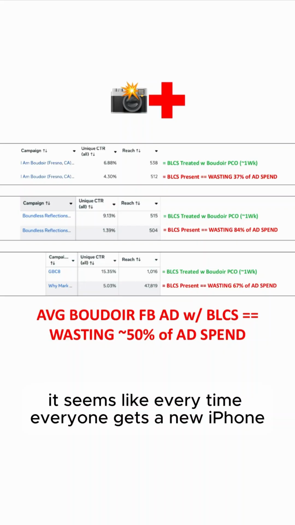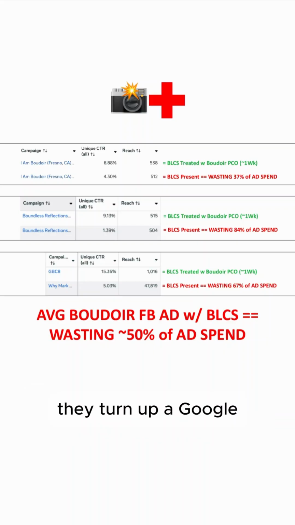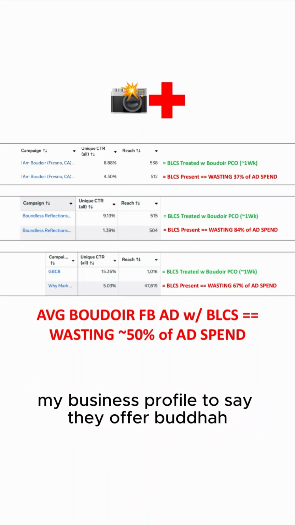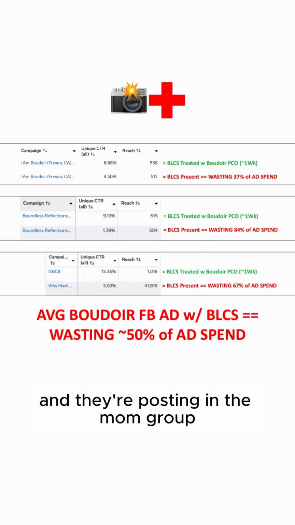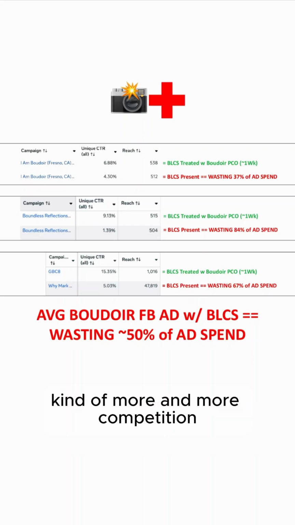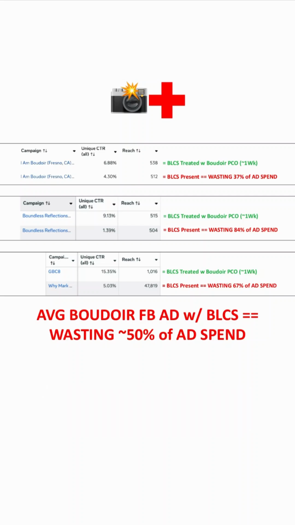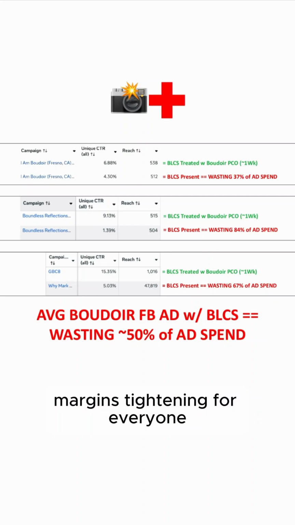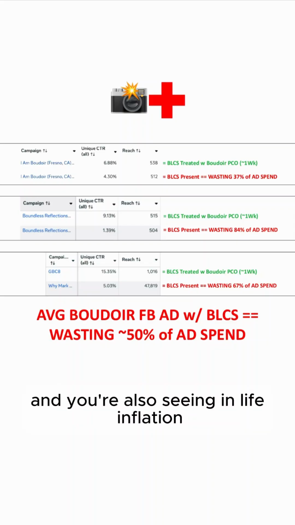You know, it seems like anytime everyone gets a new iPhone, they turn on Google My Business profile to say they offer Boudoir, or they get a new camera and they're posting in the mom group saying they offer Boudoir. So more and more service providers, same number of buyers, more and more competition, market's getting saturated, margins tightening for everyone, and you're also seeing life inflation, life costing more and more.